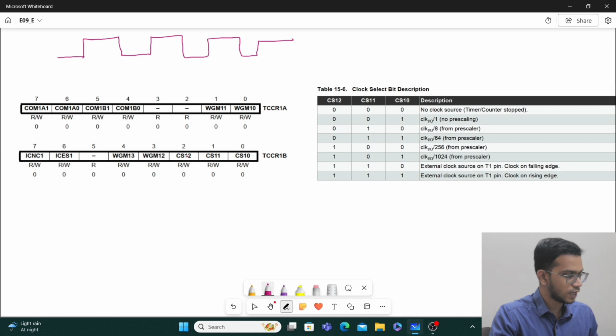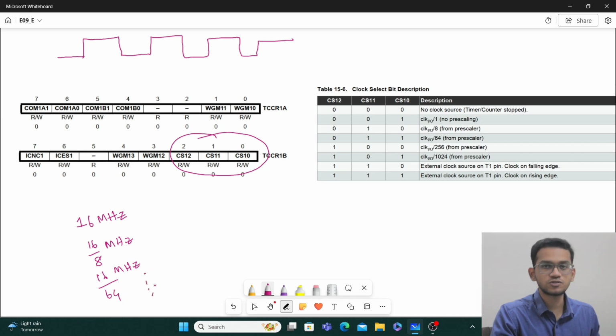Now we have these three left. My Arduino system clock frequency is 16 megahertz. I can either operate it at 16 megahertz, or I can operate it at 16 by 8 megahertz. That's what it is telling here. Clock input output by 8, or I can operate it at 16 by 64 megahertz, and so on.